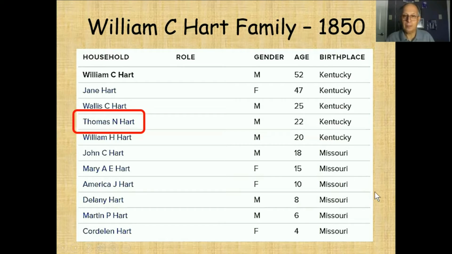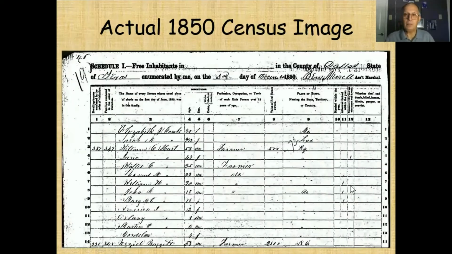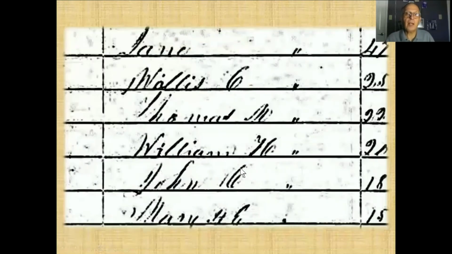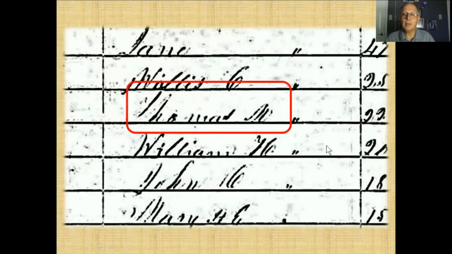And still we couldn't figure out who was the right one, but the middle initial is not a trivial thing. Here's the actual image, and you can see it's written in cursive, an old-fashioned 200-year-old cursive. So it presents some challenge. Zooming in, here is the Thomas M or N, and it's pretty hard to tell if it's an M or an N.